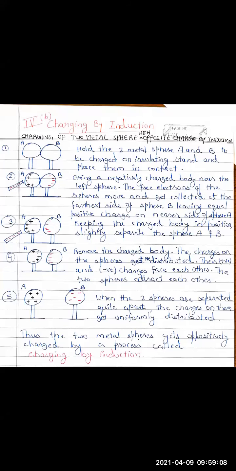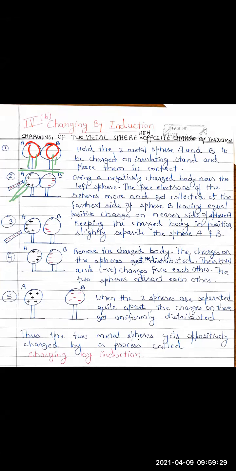Now here A and B are two metal spheres. These metal spheres, we are mounting them on green stands, as you can see in the picture, right? Now we are going to bring a negatively charged rod near the left sphere.